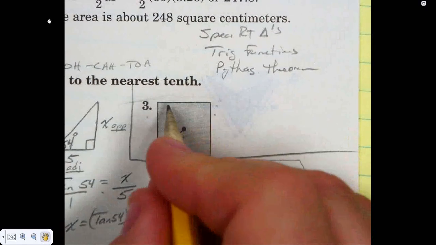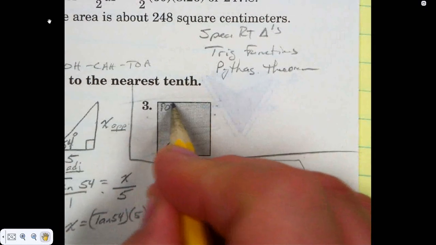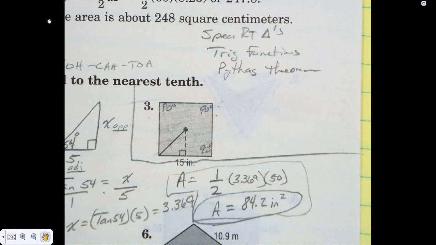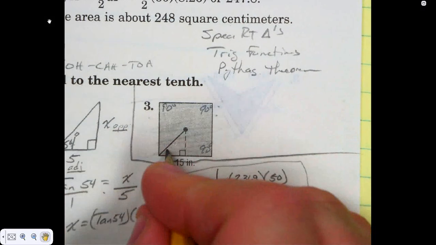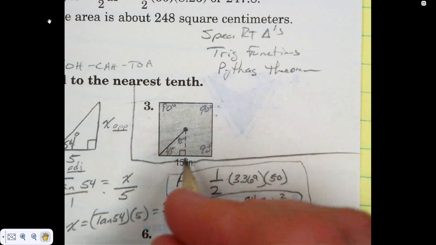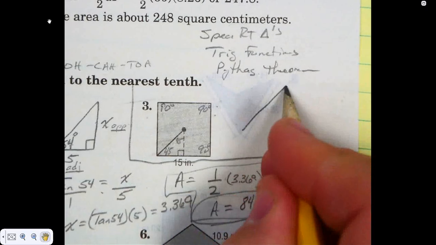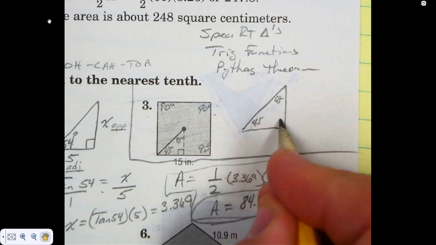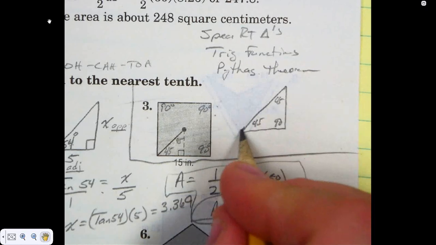Now, if you look, what are all these in a square? Isn't a square a regular quadrilateral? These are 90, so what does that make this? So what you've got here is a 45, 45, 90 triangle.